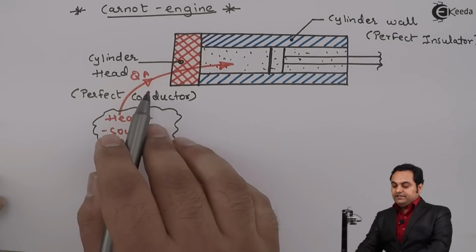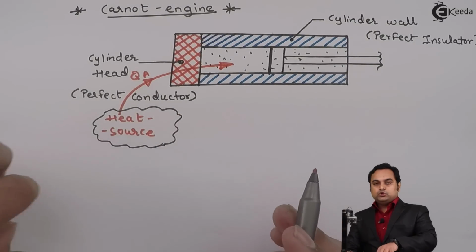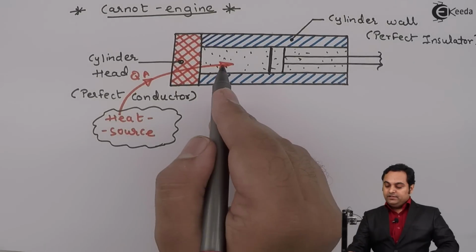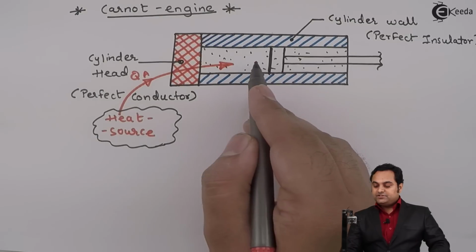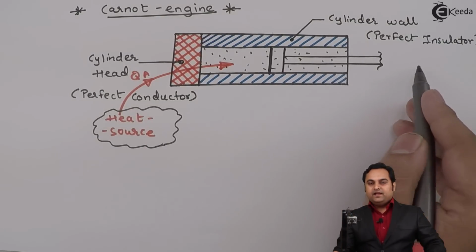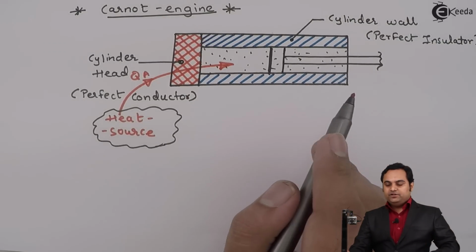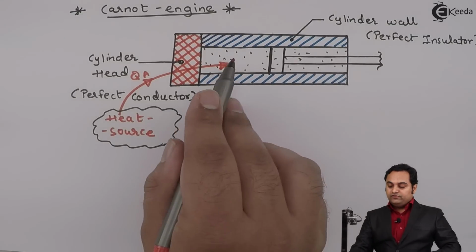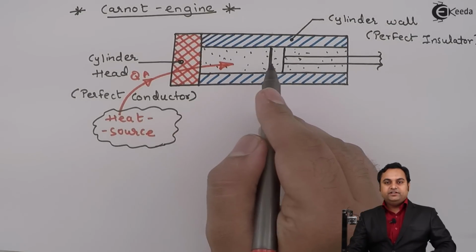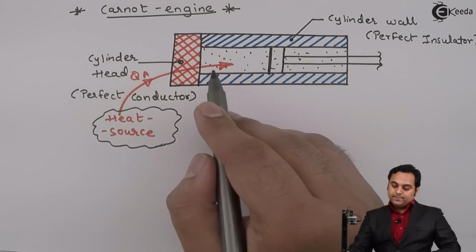Once the heat has been added, the heat source would be removed, and then there will be expansion, that is, the piston will be moving back and we will be getting the work output. After the work output, we need to reject the heat which is inside the engine.